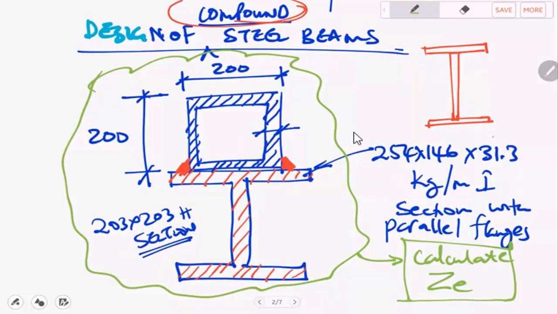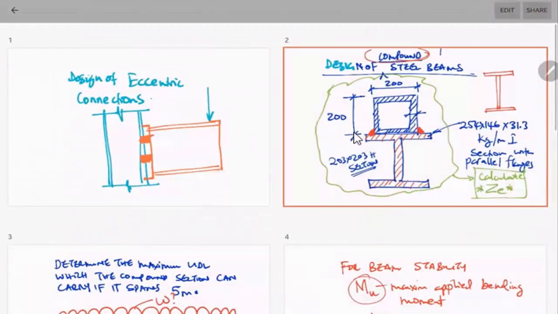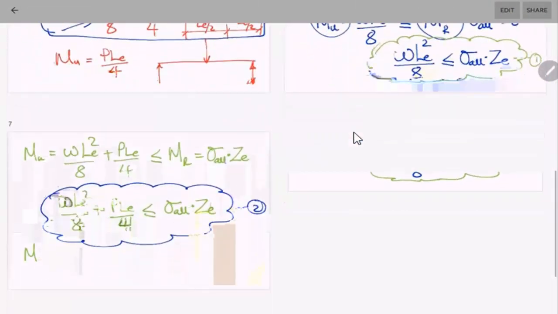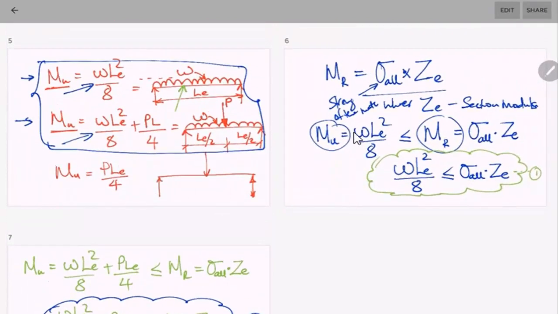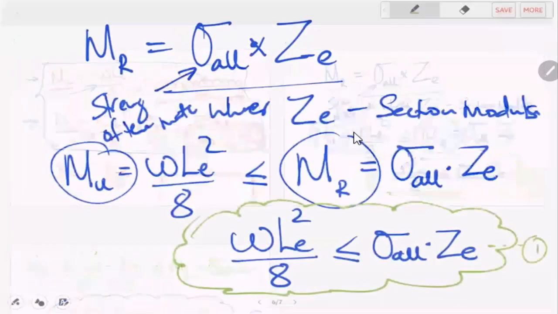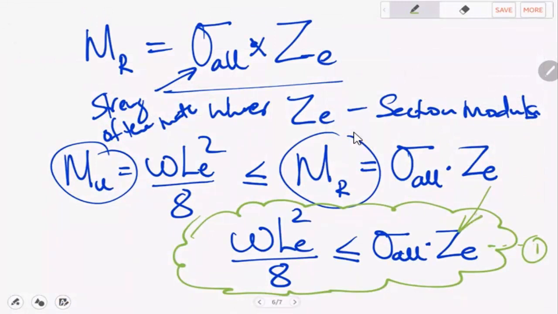So if you have the information about the cross-sectional area, it allows you to then determine the section modulus, because that's information which is given. Why is this section modulus important? Because you are going to use it here. You're going to use it here or the other formula. So that's the reason why that information is given there.